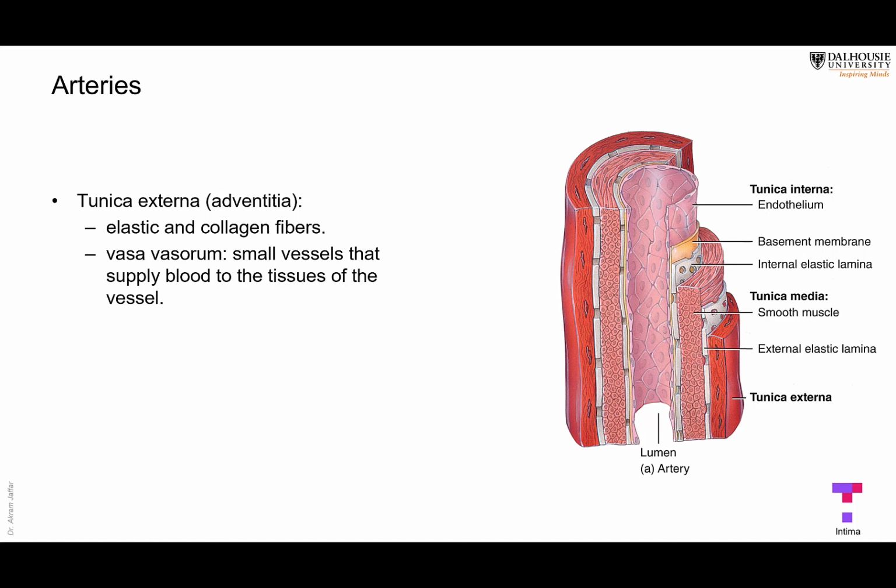So the wall is very thick and cannot depend on perfusion from the blood located inside the lumen of the artery. So the artery will receive blood vessels in the tunica adventitia, and these are called the vasa vasorum.